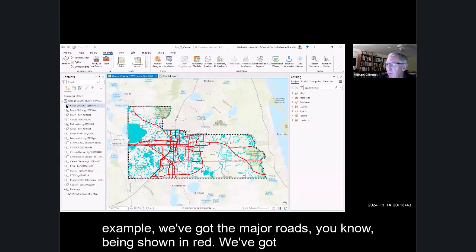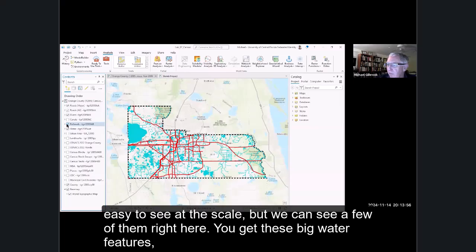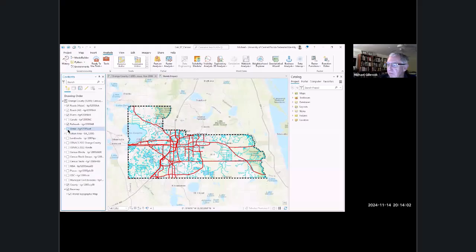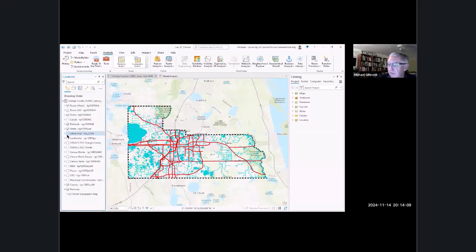We see here, for example, we got the major roads being shown in red. We got the rivers there in blue. There's railroads, which are not very easy to see at this scale, but you can see a few of them right here. You got these big water features. We got the urban area we talked about earlier.